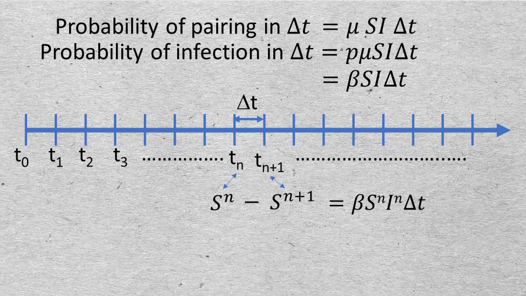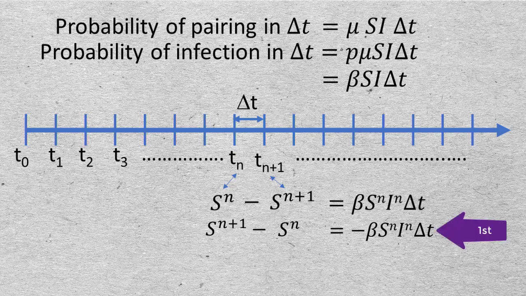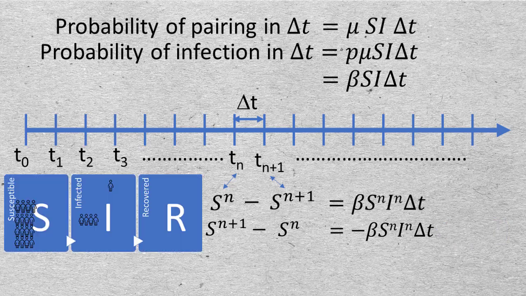Multiplying by minus 1, we can express the reduction in S as a negative quantity. We call this type of equation a difference equation, since it expresses the difference between two adjacent values on the mesh. This will be the first of three difference equations that we will use to model the spread of the COVID-19 virus within our isolated environment.